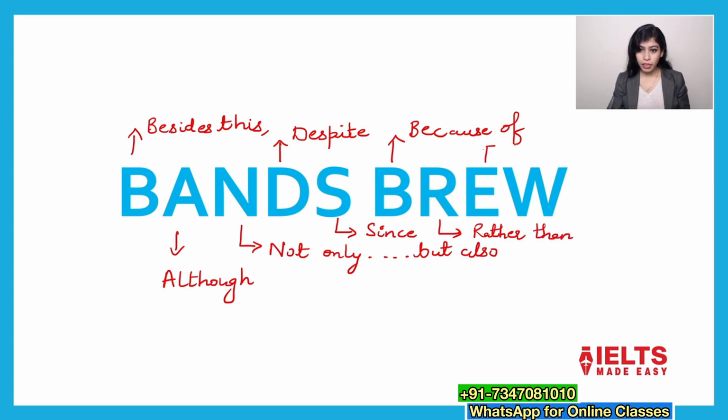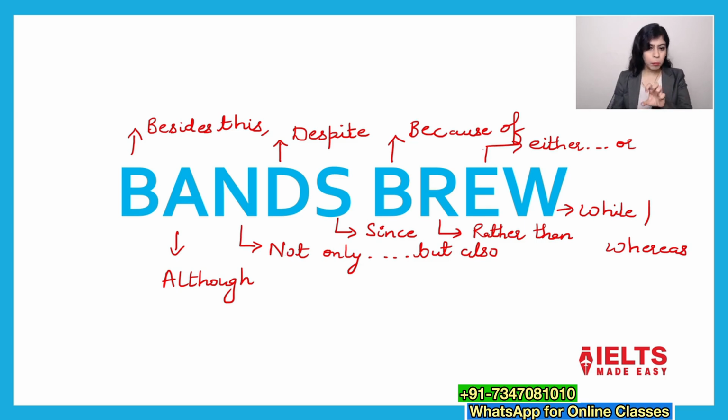E is for either or. And last, W is for while or whereas, which is again a contrasting connector.